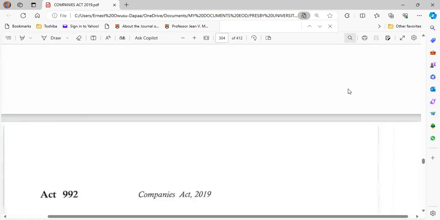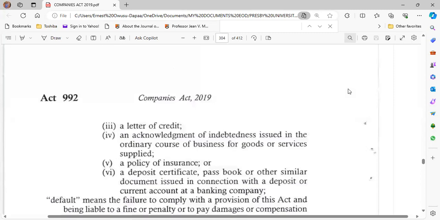A promissory note, a letter of credit, acknowledgement of indebtedness issued in the ordinary course of business for goods or services supplied. So maybe you supply goods to the company, and it signs the invoice or delivery bill or waybill or whatever, which shows that yes, the company has actually acknowledged that it has received these goods from you, the supplier, and that it owes you so much.